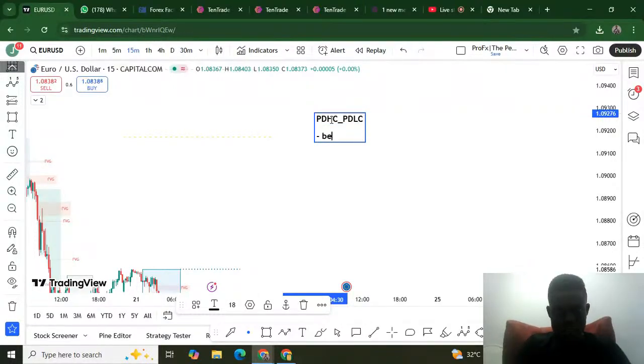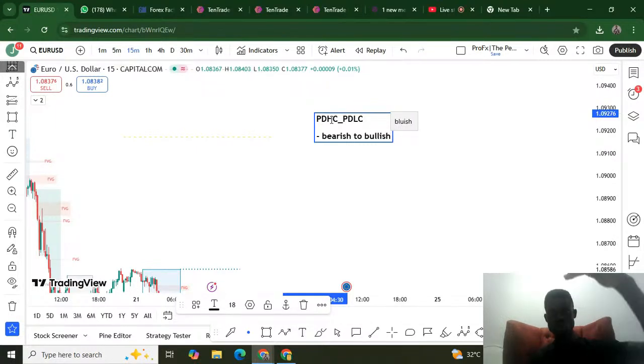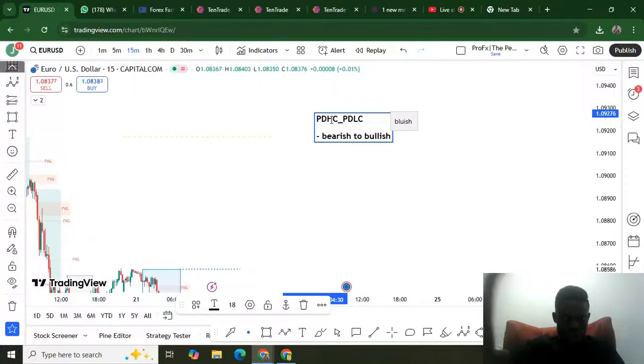We have the case which I call the bearish to bullish. What this means is that the previous day closed bearish. That means we opened up and we closed down, so we had a bearish day. Then to bullish means that we are expecting the next day to be bullish. So we call this bearish to bullish. That means the previous day was bearish, and we are expecting the next day to be bullish.